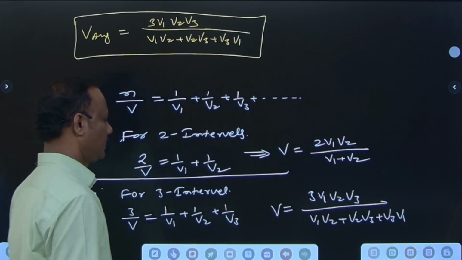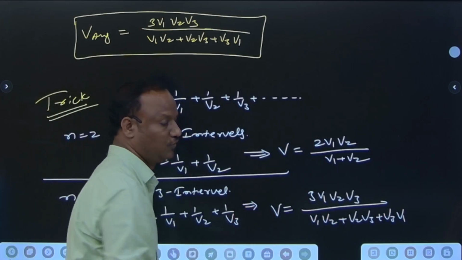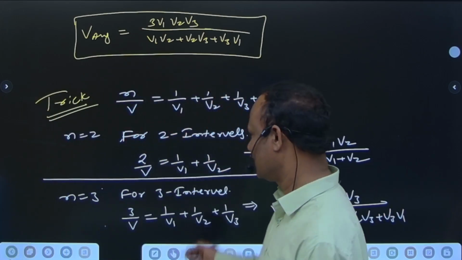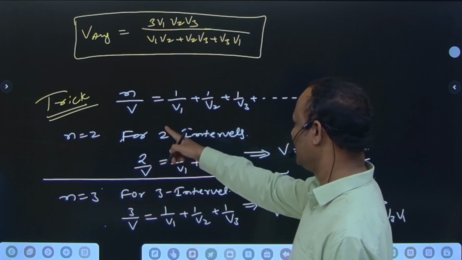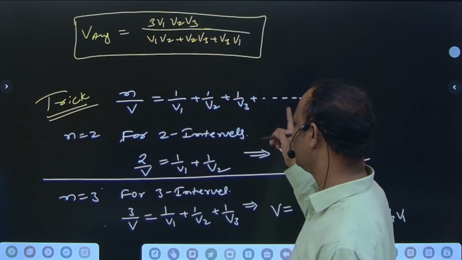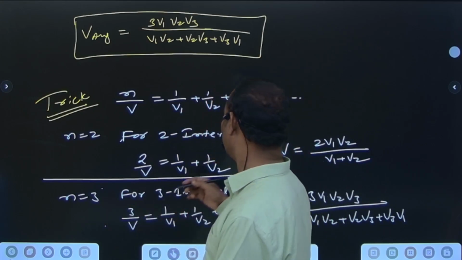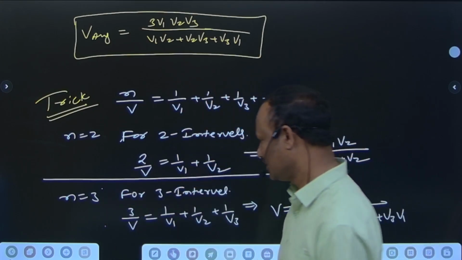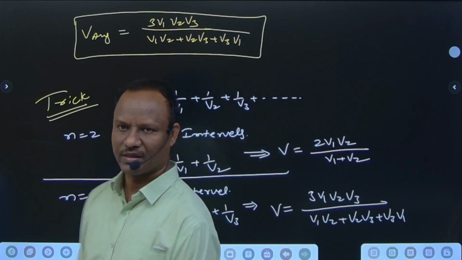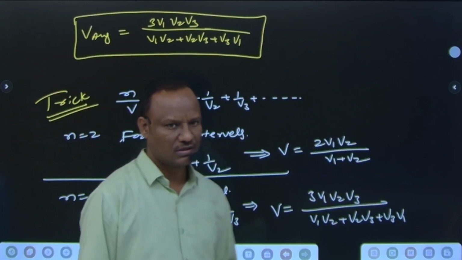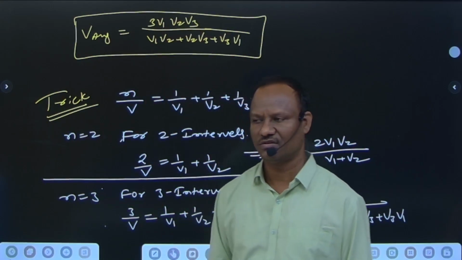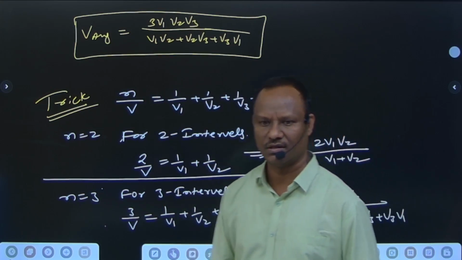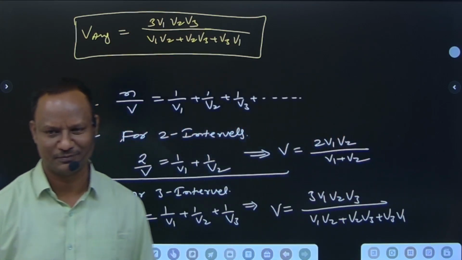For 4 intervals, 4 by V is equal to 1 by V1 plus 1 by V2 plus 1 by V3 plus 1 by V4. Like this we can write it. These are the models based on displacement, distance, average speed and average velocity. Thank you everyone. This is the end of today's session.